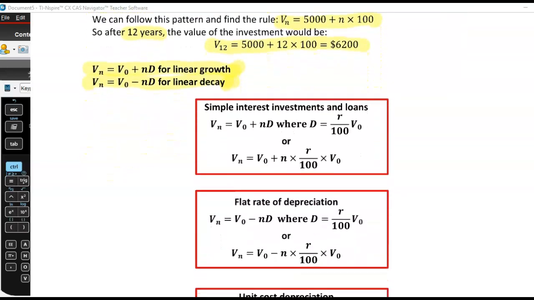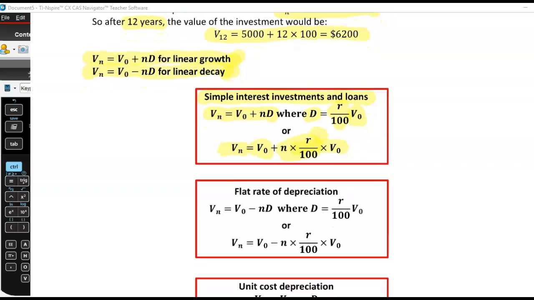So for simple interest investments and loans, you can use that idea where you get that common difference by timesing your percentage rate times the V0. Or, in other words, that Vn equals the V0 plus how many times we've done it times the rate times V0.